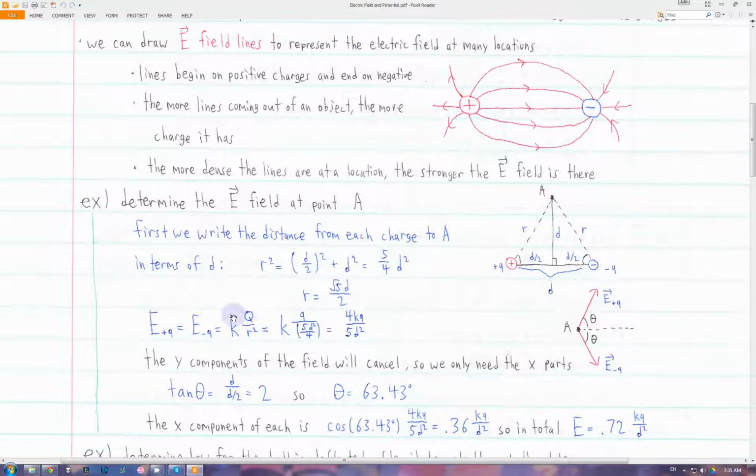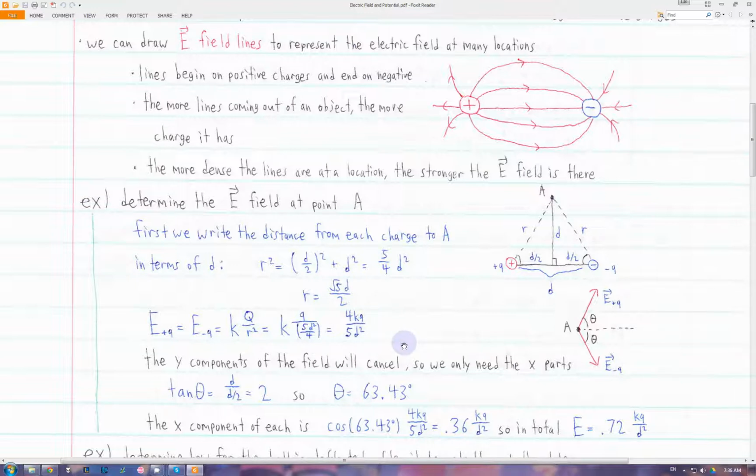So kq over r squared, plugging in the charge of the source charges, which is just the q, and then plugging in this expression for r, we can solve that the E field contribution from each charged object will be 4kq over 5d squared.